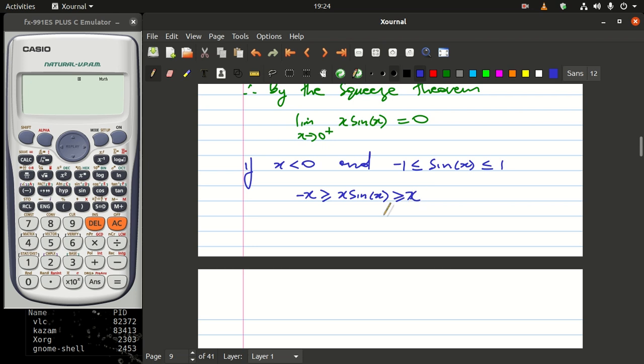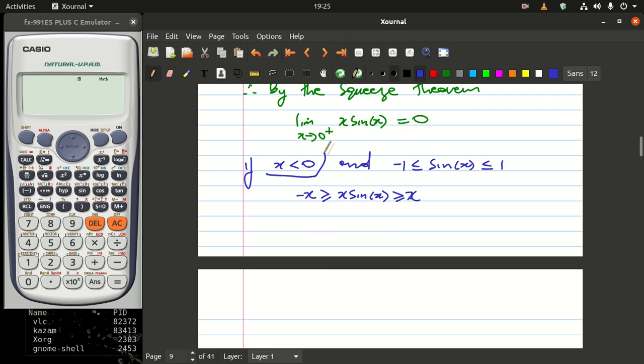Or rewriting this, x is less than or equal to x times sine of x, and this should be less than or equal to minus x. But this is not that important, because this and that mean the same thing. It's just that now I wanted the inequality of less, not greater. So it's not bringing any new information. I can just proceed in this particular format.